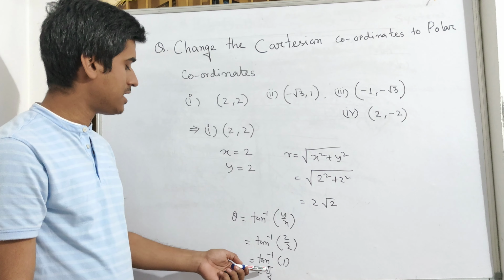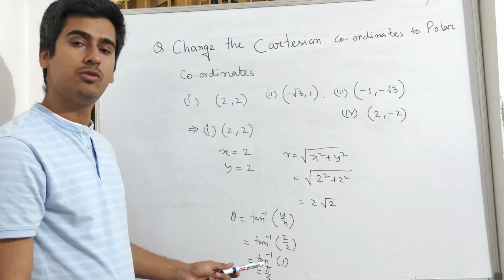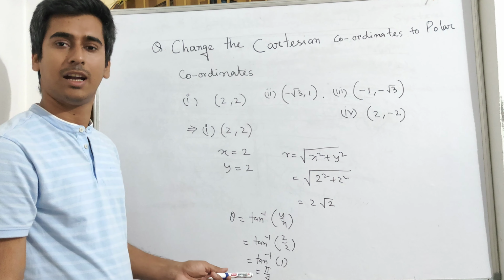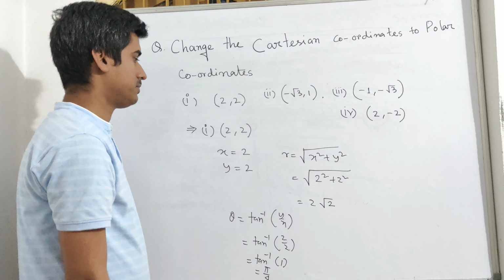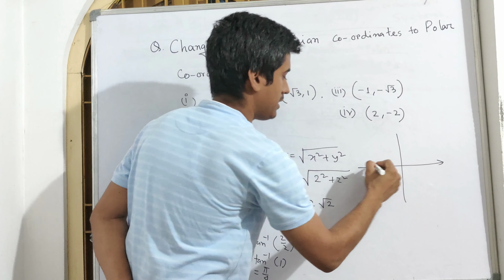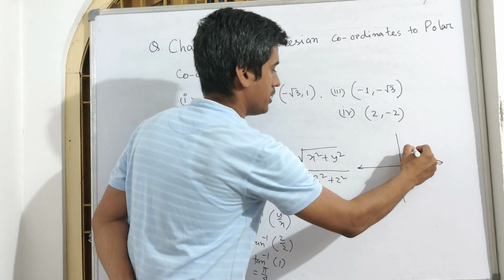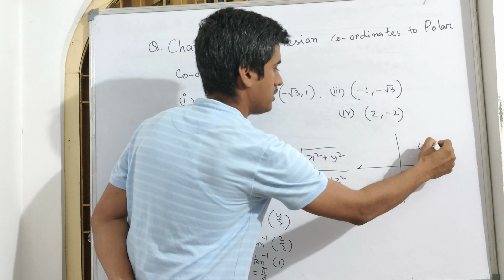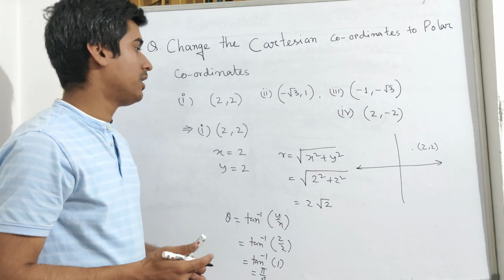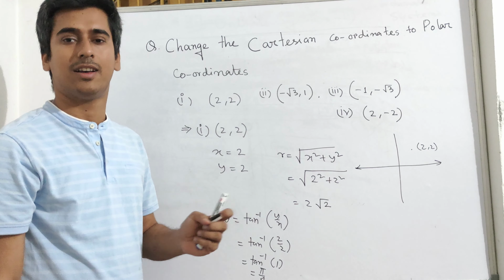Why here is the angle pi by 4? How do you know that this angle is in the first quadrant? It may be in the third quadrant. So here is the rule: we have to check the point. Here the point (2, 2) is in the first quadrant, so the angle will be an angle in the first quadrant.